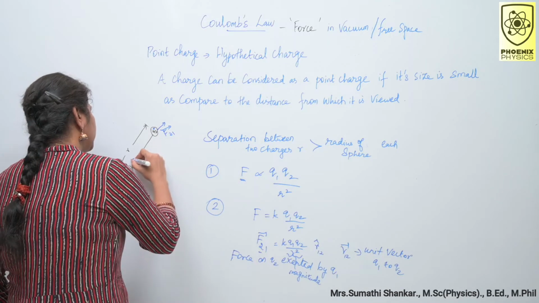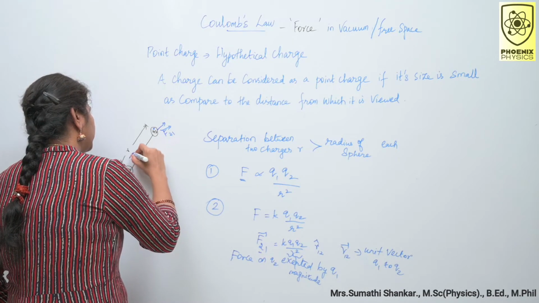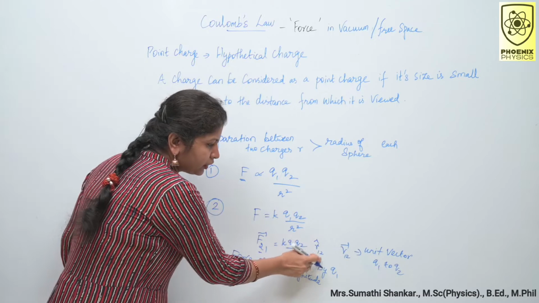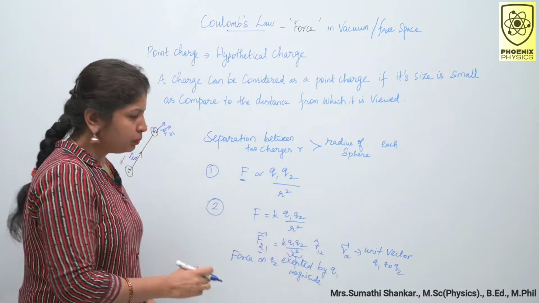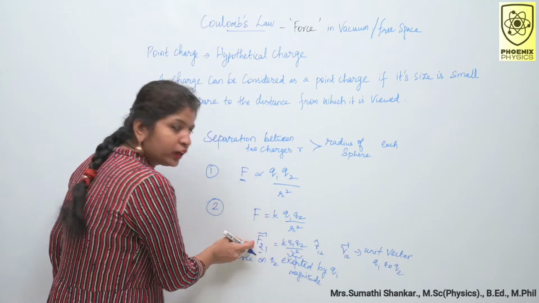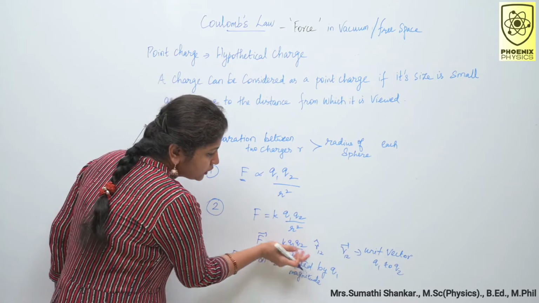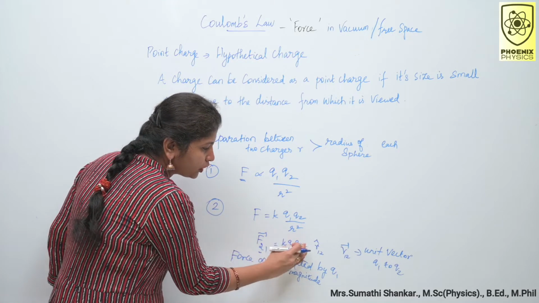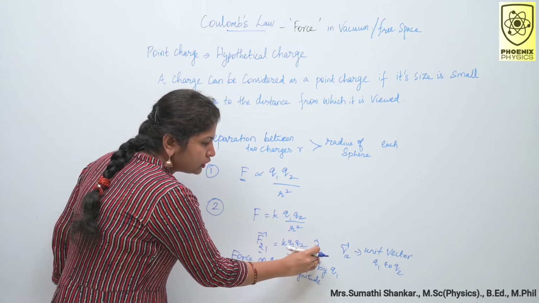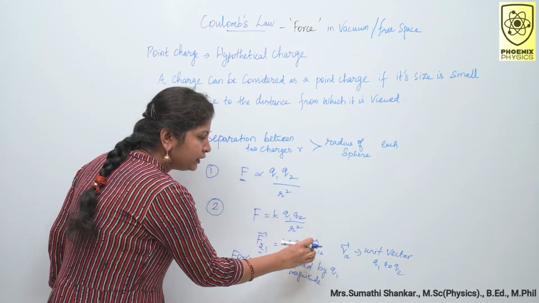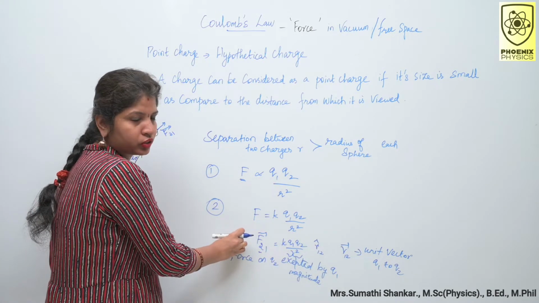So Q1 to Q2 means this is r12. Why did I write unit vector? Because this F21 is a vector quantity. This K Q1 Q2 by r squared gives the magnitude. This unit vector gives the direction of this force.